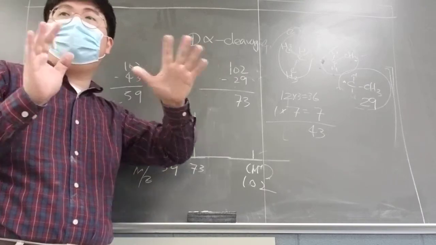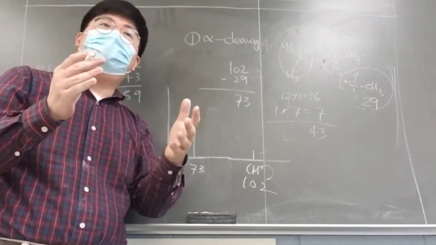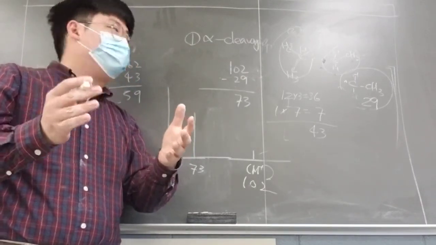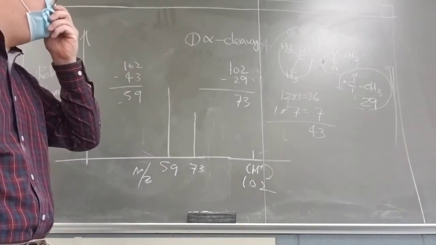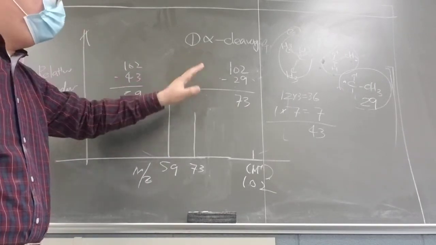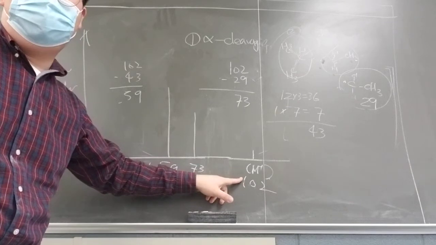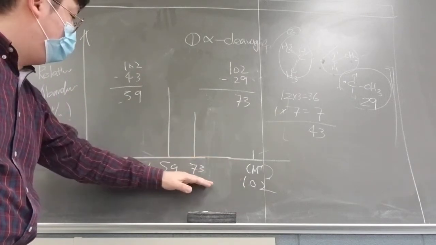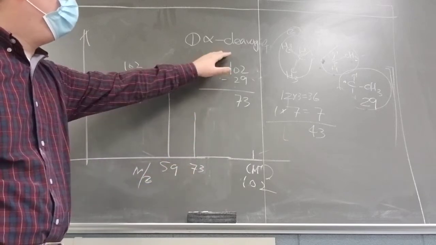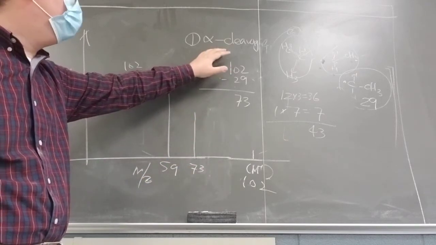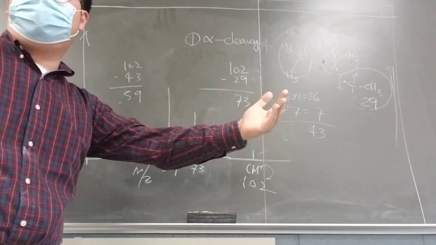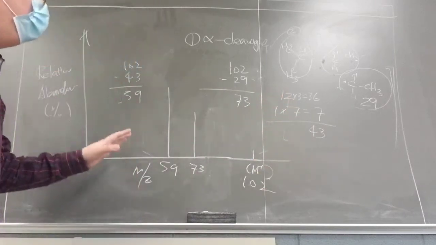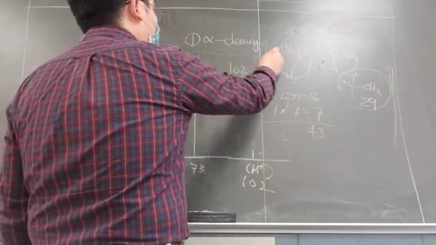Because I told you the 2 possible scenarios you can have, right? So if there is no number that is this number minus 18, then it might not be dehydration, but it does show the 2 different numbers that correspond to the outcome of the alpha cleavage. Then you can say, oh, this is for sure alpha cleavage.